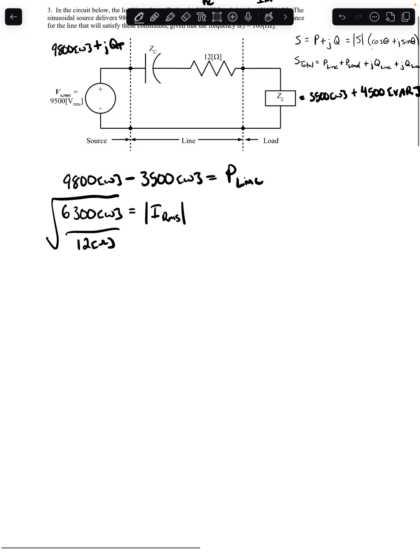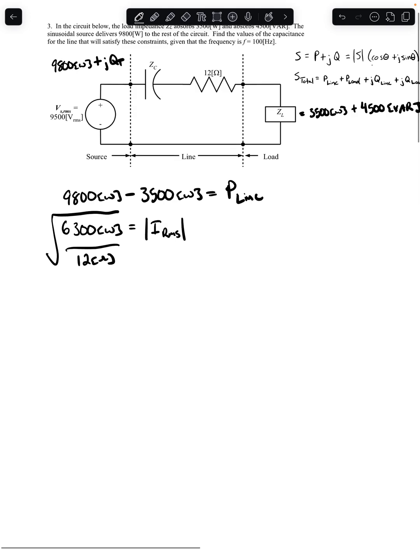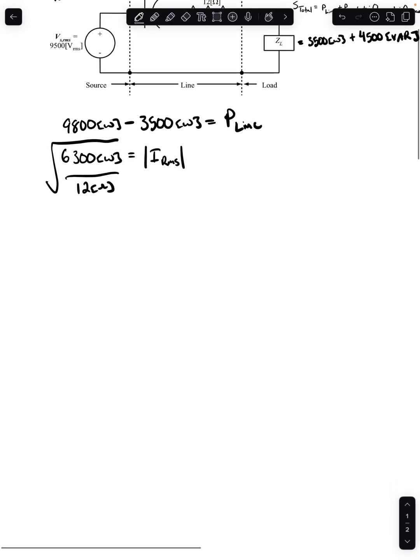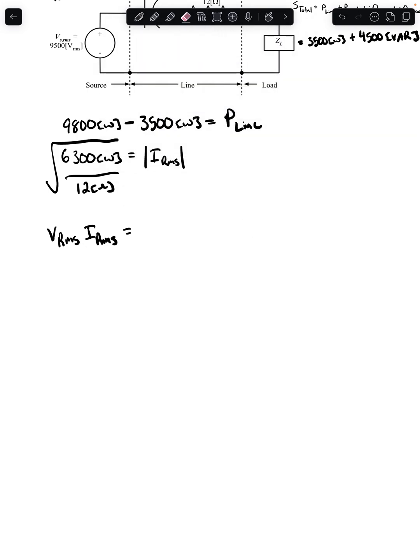And so we can find theta using a very simple rule that V RMS times I RMS times cosine theta is equal to 9,800 watts.